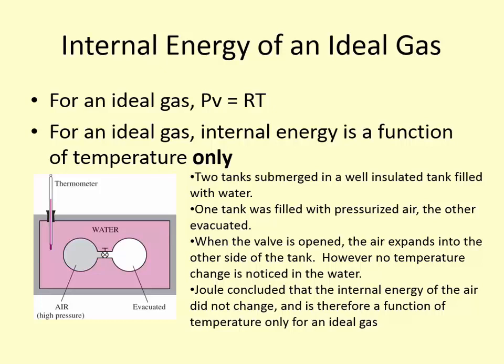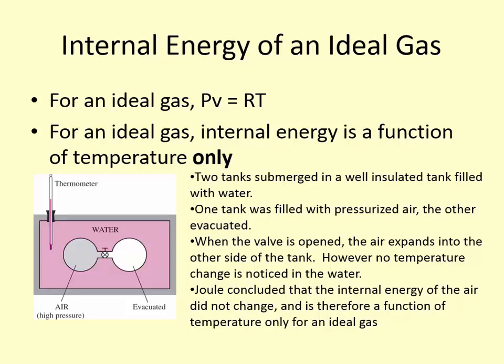So the previous assumption was that for something to go from a high pressure to a low pressure, there has to be a temperature change that occurs. Well, in this case, he found that actually there was no temperature change in the water because the internal energy of this system remained the same.